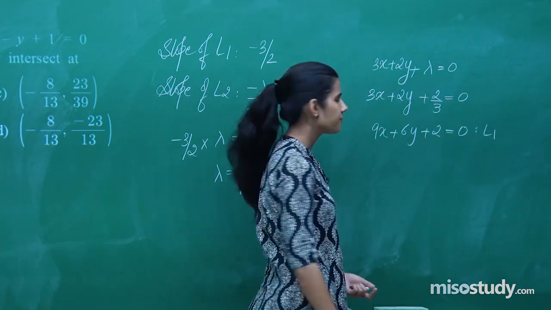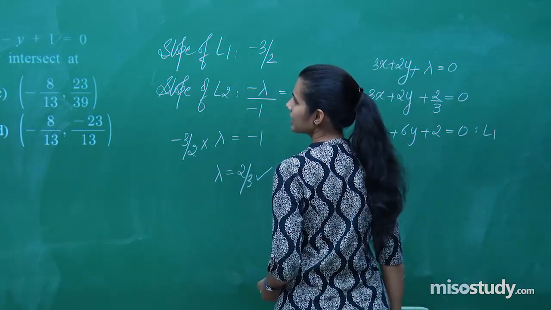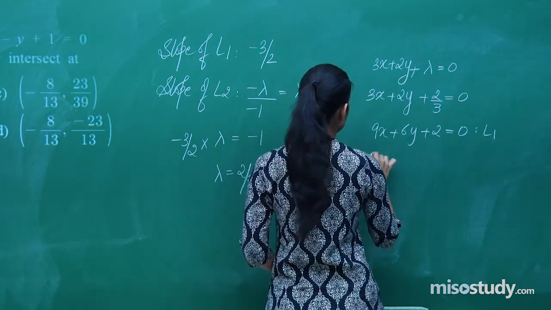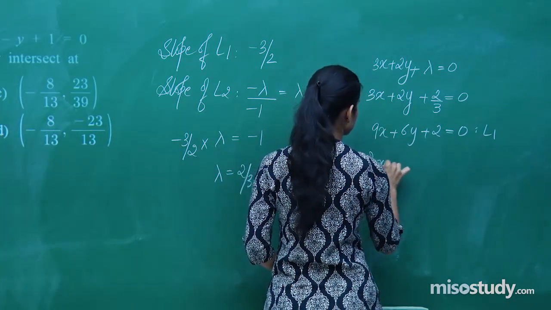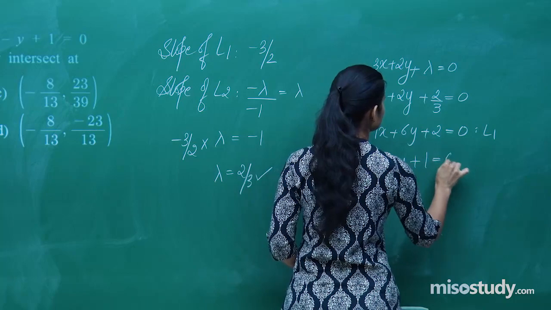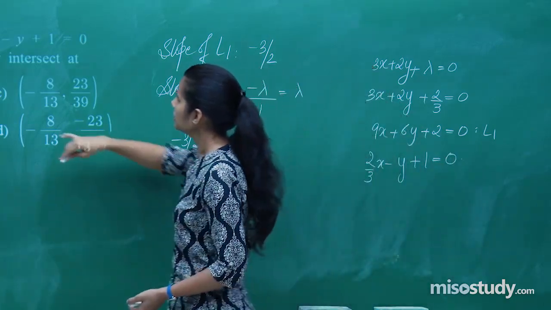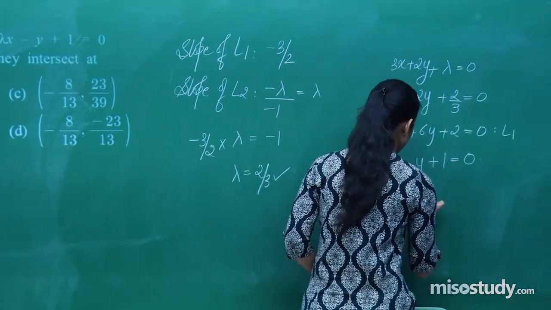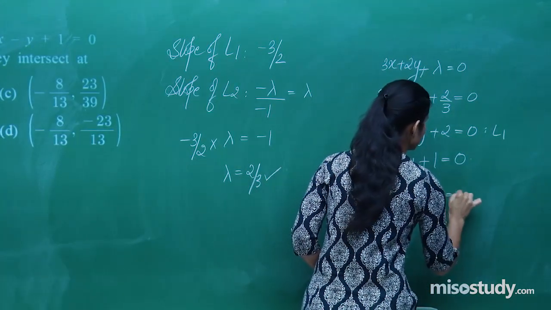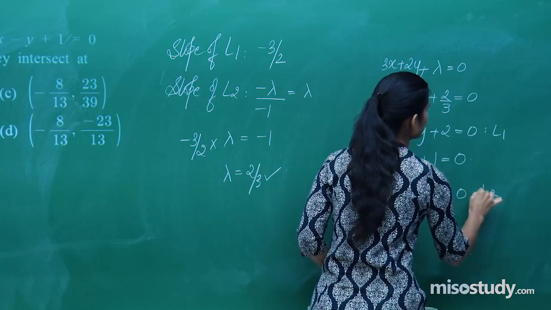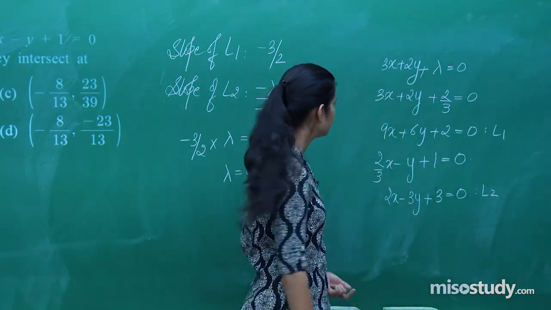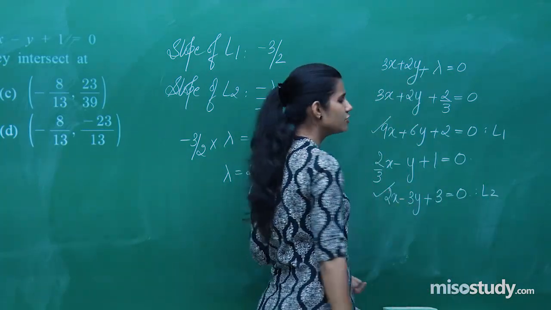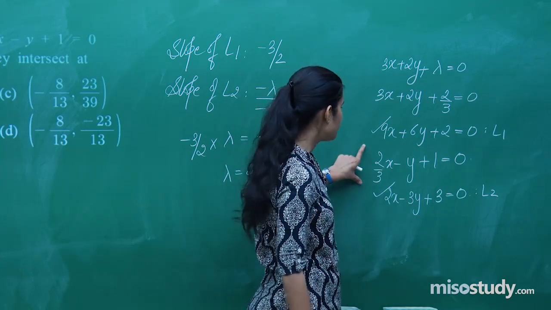This is L1. And then you have lambda x minus y plus 1. So lambda is 2 by 3x minus y plus 1 is 0. So this gives you 2x minus 3y plus 3 is 0. This is L2. Clear?